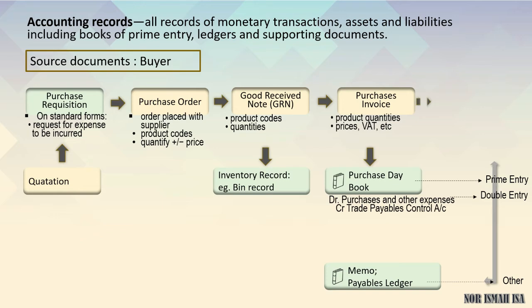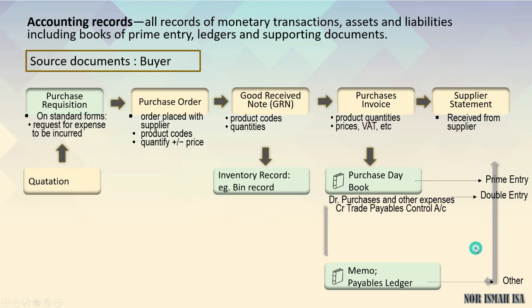So at the end of the month, the buyer will receive a supplier statement from the seller, and this statement will be checked with the payable ledger of the payable that sent the supplier statement. The balance of the supplier statement and the payable ledger related to this payable should agree.